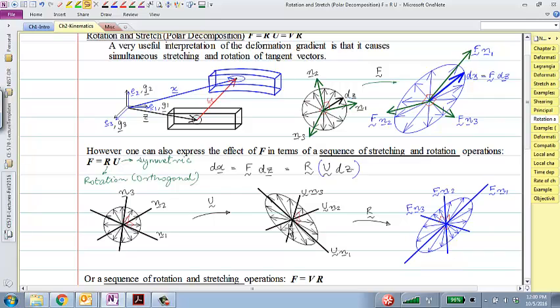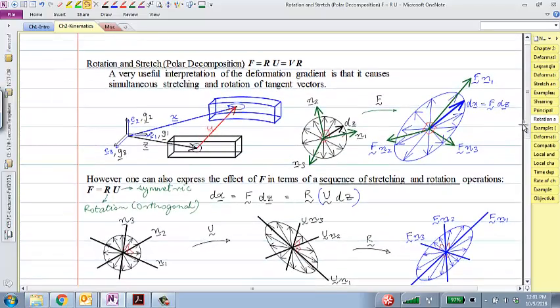Every other vector does have some rotation. Following that, since U times dz is also a vector, R tensor is going to act on that black ellipsoid, which is a rigid body rotation to the final configuration. So it still takes the original undeformed tangent vectors to the final deformed tangent vectors, but it's a two-step process. One is a pure stretching in the eigendirections, followed by a rigid body rotation through R. So Un1 goes to F times n1, and similarly for n2 and n3.